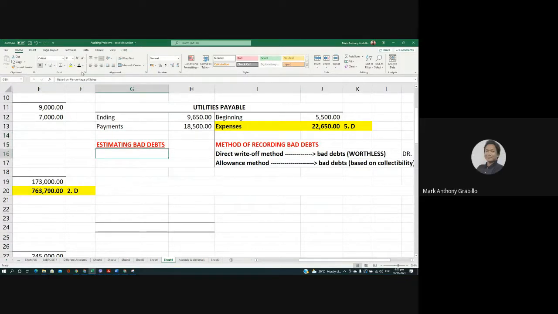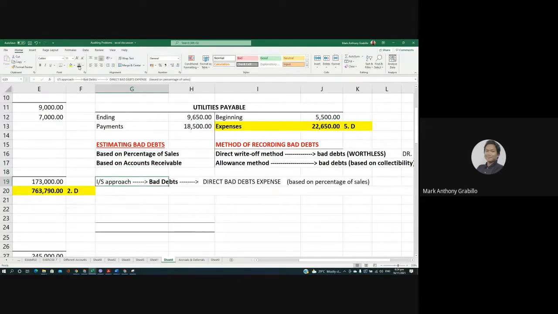Ang una nating alam, kasi yun yung tinuro sa libro, based on percentage of sales, saka based on accounts receivable. That is correct. However, if we are expanding more our knowledge pagdating sa pag-estimate ng bad debts, dalawang klase ng approach ang meron. First one is the income statement approach, and then the second one is the balance sheet approach.